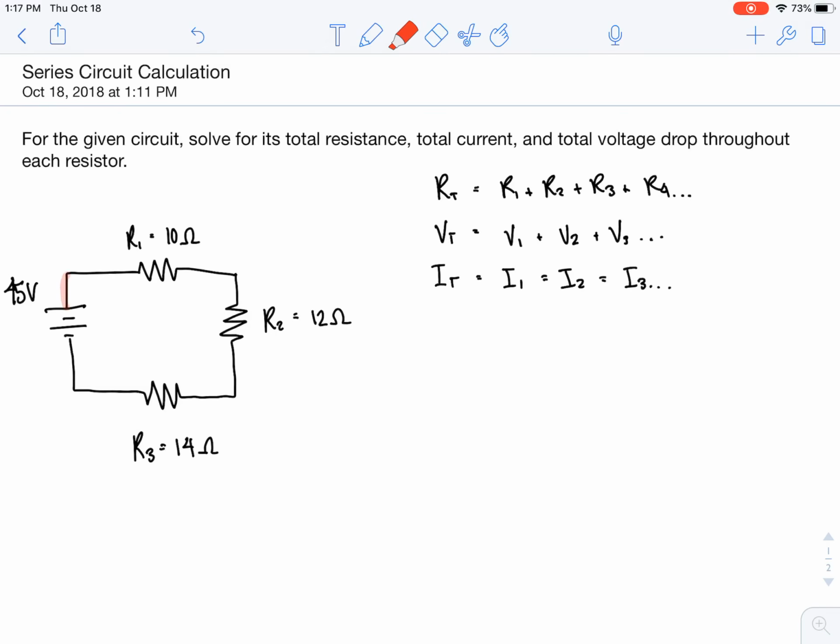If we look at the path of this circuit, there's only one path that it can go. In parallel circuits, there's going to be another path, but in this case there's only one. So that's how you know that this is a series circuit and that the current is the same throughout.